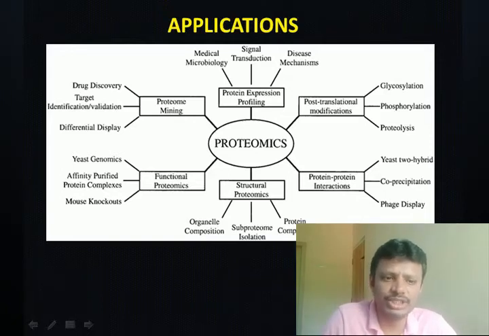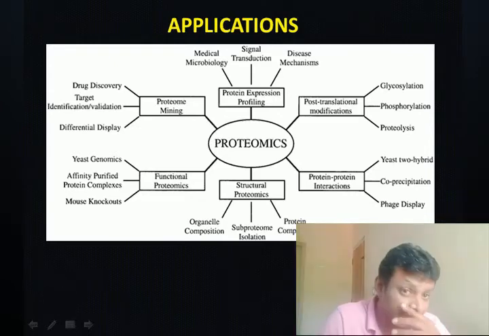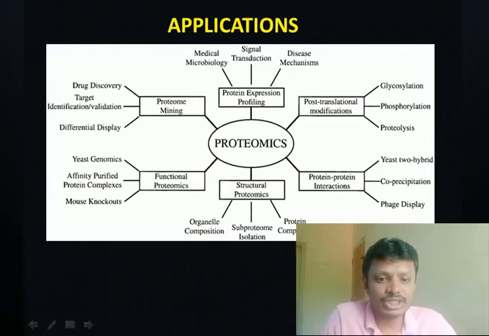Next is protein interaction. We study it through the yeast two-hybrid system, co-precipitation methodology, and phage display, especially in the case of viruses. Then structural proteomics: in this we will study, as I discussed, organellar composition, subproteome isolation, and protein complexes.